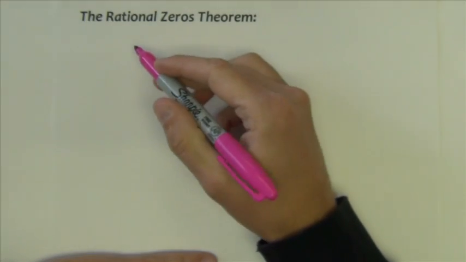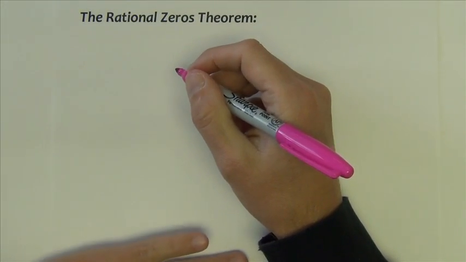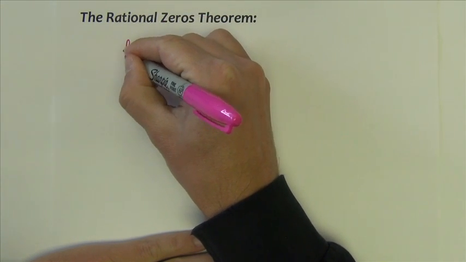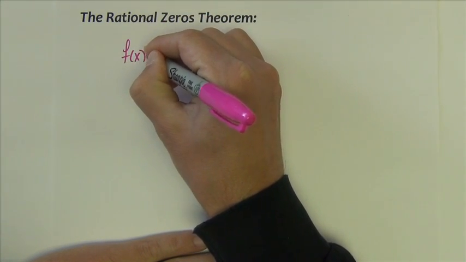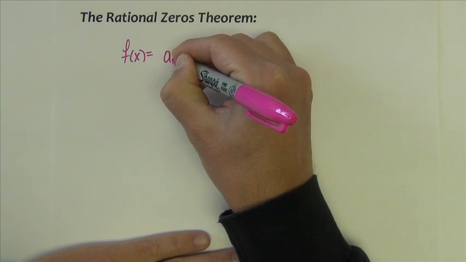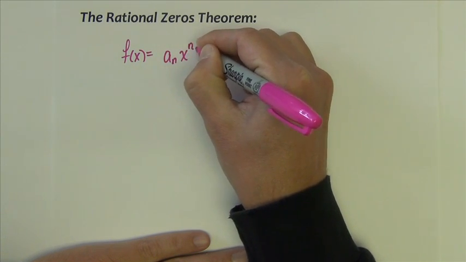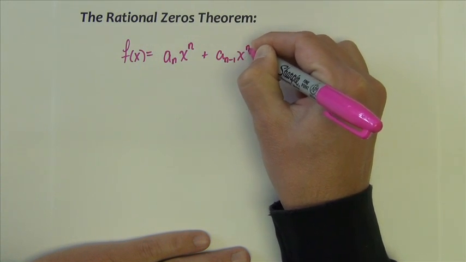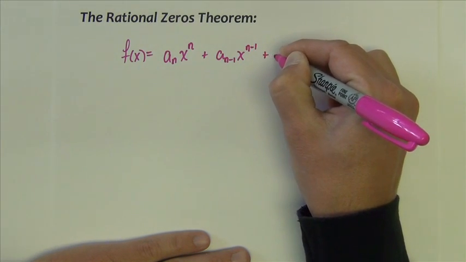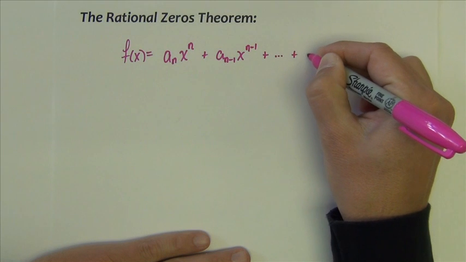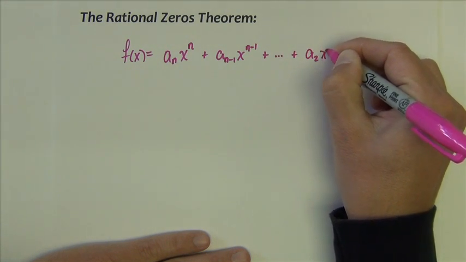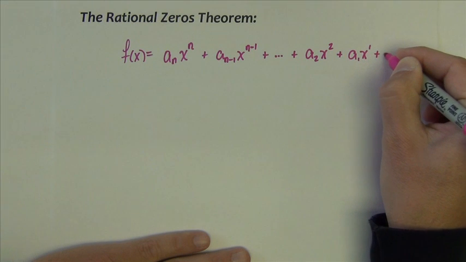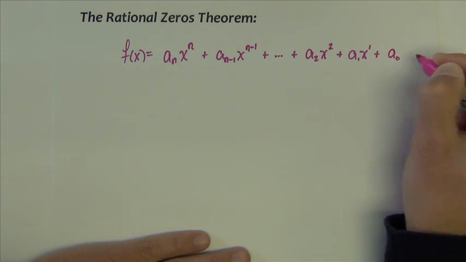Next thing we're going to talk about is called the rational zeros theorem, and it looks kind of like this. Let's suppose that we have a function f of x equal to a sub n x to the n plus a sub n minus 1 x to the n minus 1 plus, and so on, a sub 2 x squared plus a sub 1 x to the first plus a sub 0.